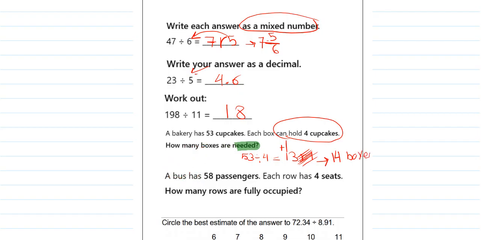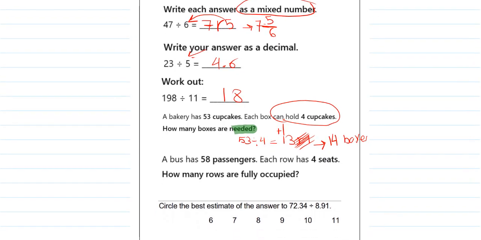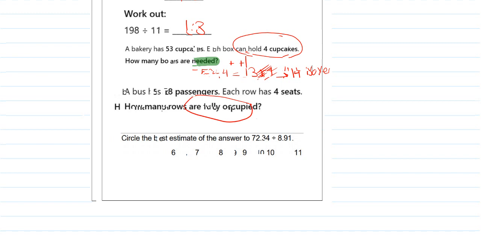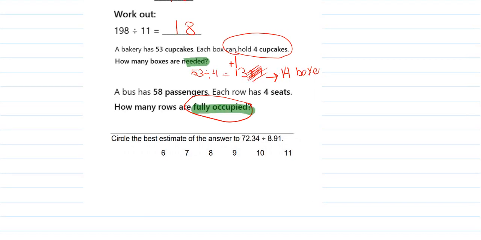The same or a nearby question: 58 passengers, each row has 4 seats. How many rows are fully occupied? There is a very big difference between how many are fully occupied and how many are needed.